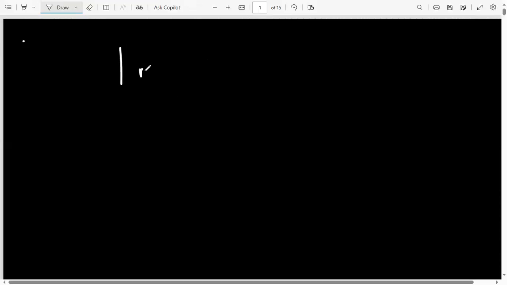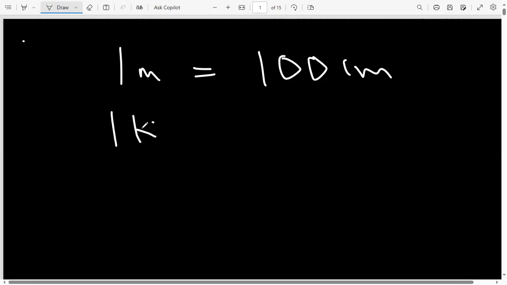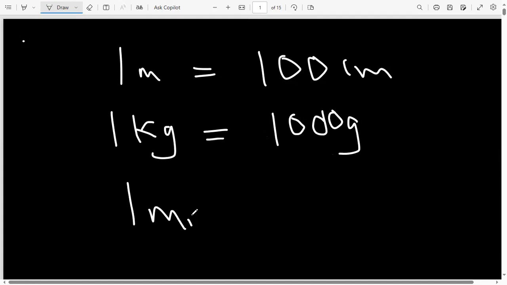For example, I know that 1 meter is equal to how many centimeters? We all know it is 100 centimeters. 1 kg is equal to how many grams? 1,000 grams. 1 minute is equal to how many seconds? 60 seconds.